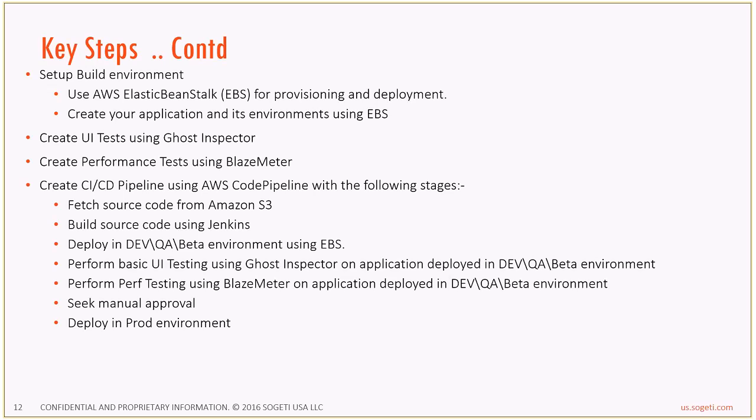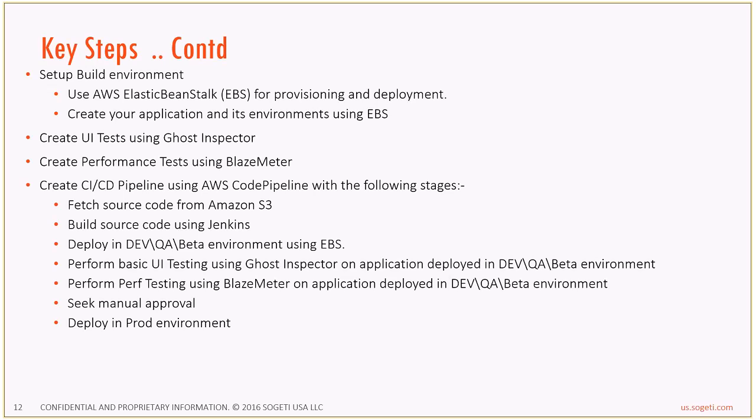The next step after this would be to build our source code using Jenkins. Then after that, once our source code is built, we will deploy it in the beta environment using Elastic Beanstalk. Now for this demo, we have only created 2 environments. First is the beta environment, which is essentially a dev/QA/beta, and the next is our prod or pre-prod environment.